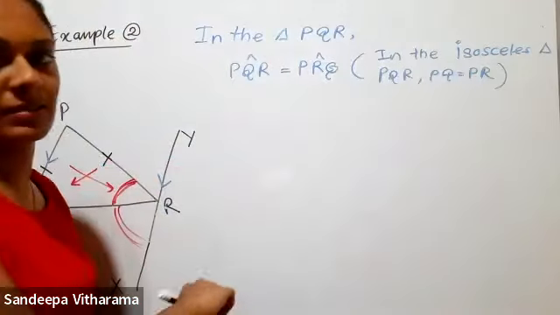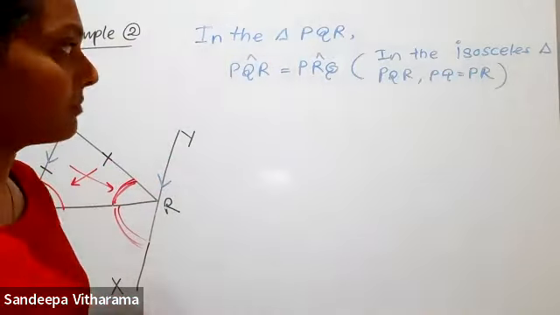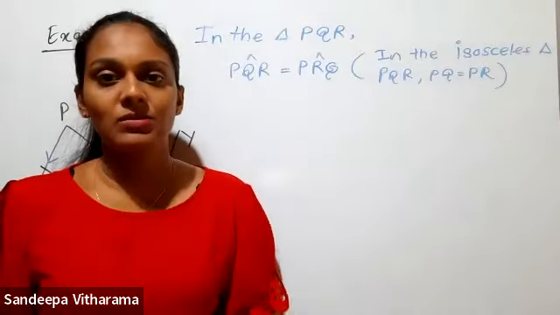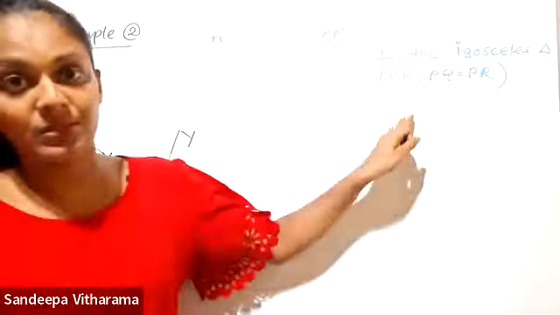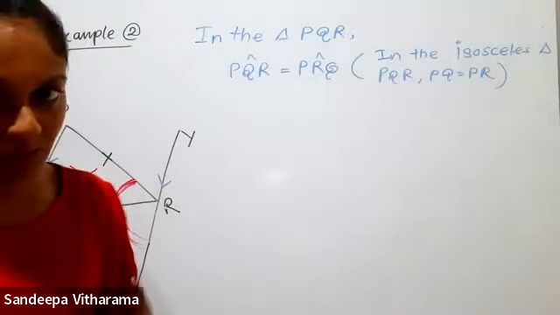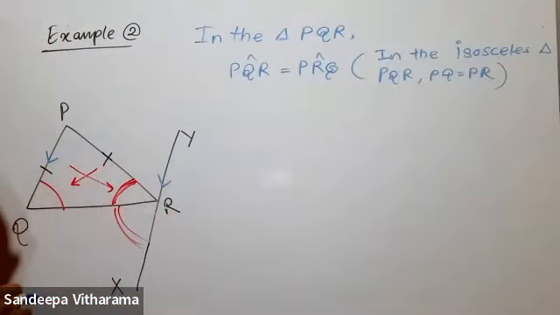Or you can write the reason as the theorem. What is the theorem? The angles opposite to the equal sides of an isosceles triangle are equal. You can write it also.